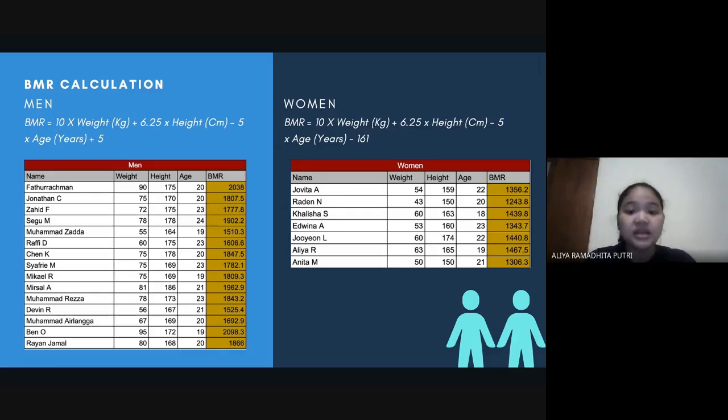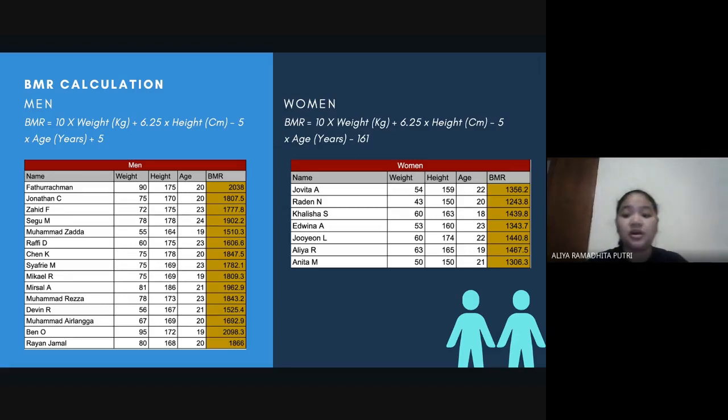And in women, BMR equals 10 times weight in kilograms plus 6.25 times height in centimeters minus 5 times age in years minus 161. So the difference is that for men it is plus 5 in the calculation and for women it is minus 161.